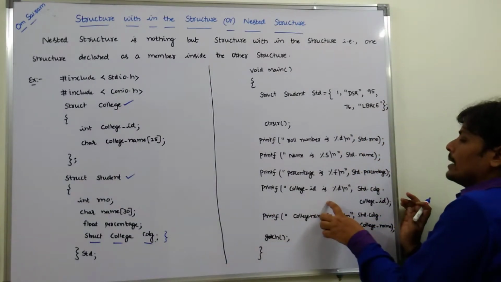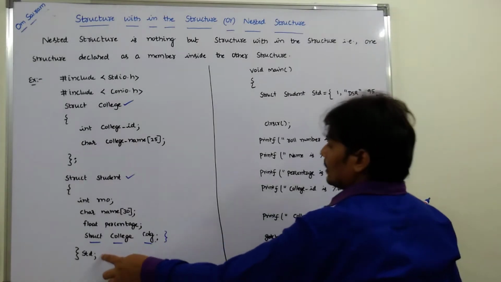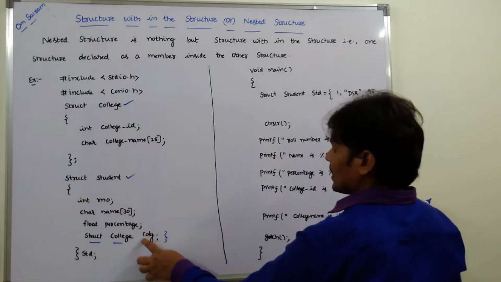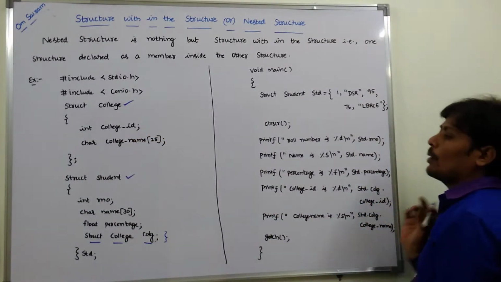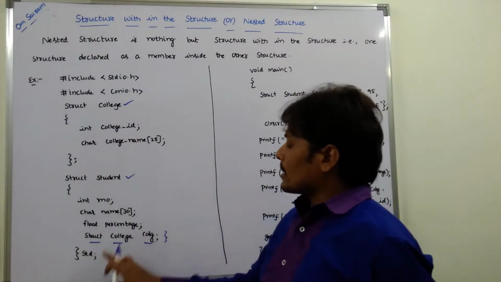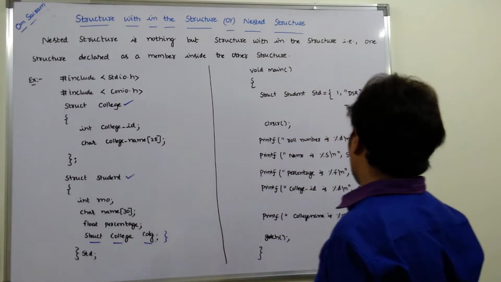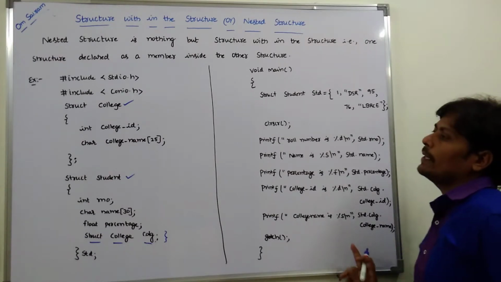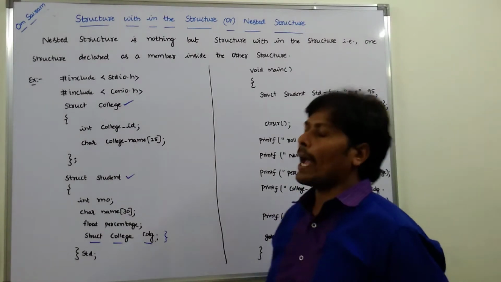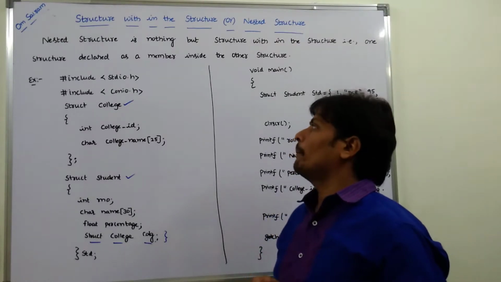So college ID is percentage d slash n, std dot colg dot college ID. Next, how to access this member? std dot colg dot college name. Okay, in this way we have to access all the members of the structure.